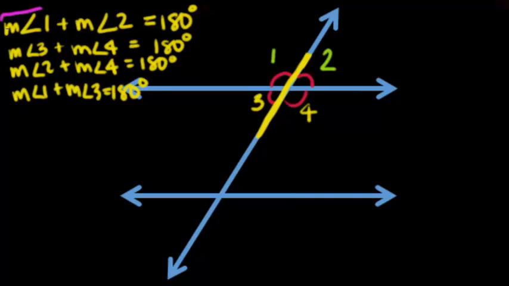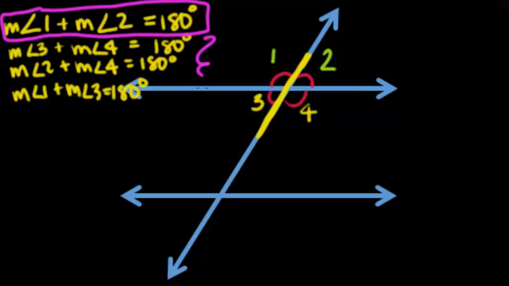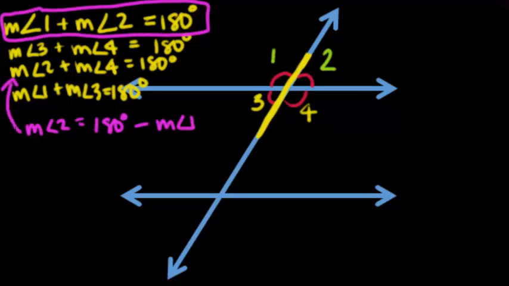Now if we can solve this first equation here in some way that can rewrite angle 2 differently, then we might be able to simplify some of these other equations down here. So what I'm going to do is say that the measure of angle 2 equals 180 degrees minus the measure of angle 1.